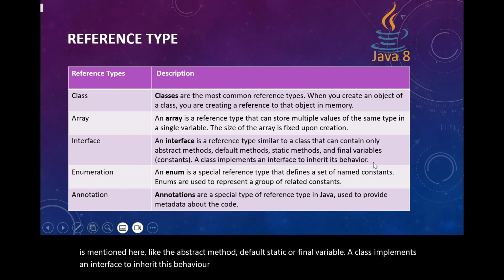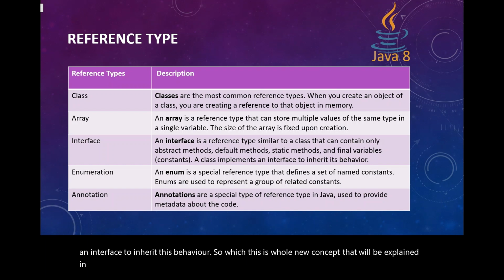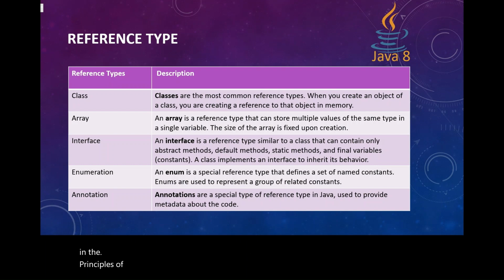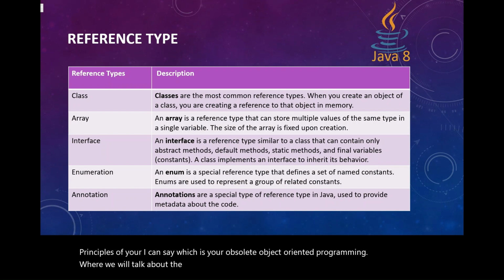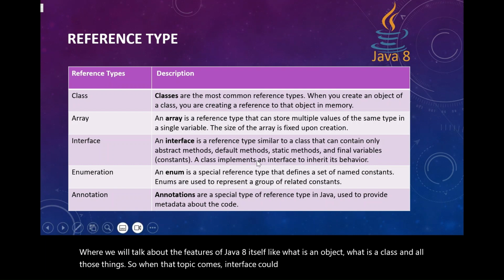This is a whole new concept that will be explained in the principles of OOPS, object oriented programming, where we will talk about the features of Java 8 itself, like what is an object, what is a class, and all those things. When that topic comes, the interface will be more relatable and understandable.